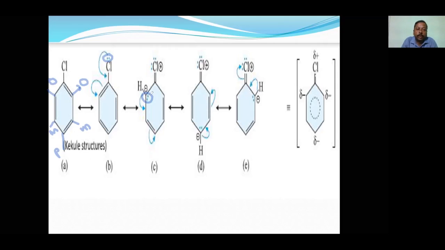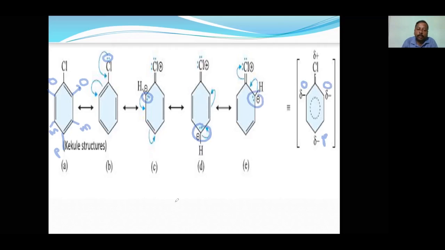So here where you found electron density maximum, ortho. See, in the next position, you are not having electrons at the meta position. Again, it will be para. Then again ortho. That means electrons are found maximum at ortho and para.